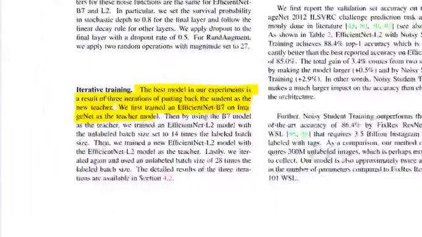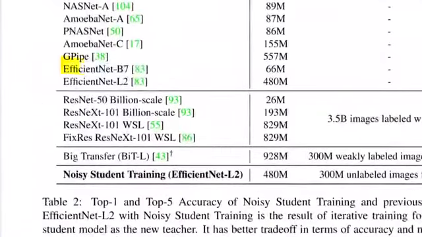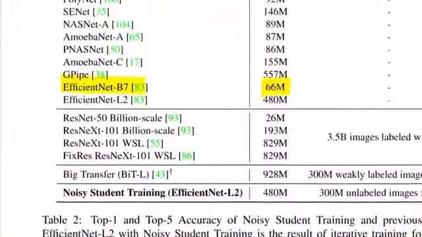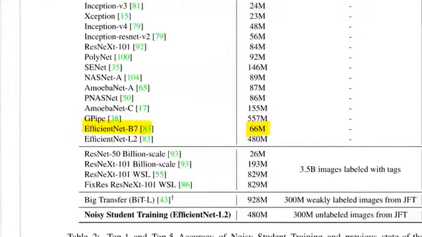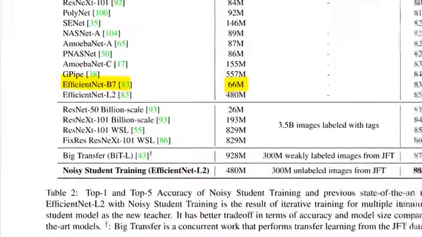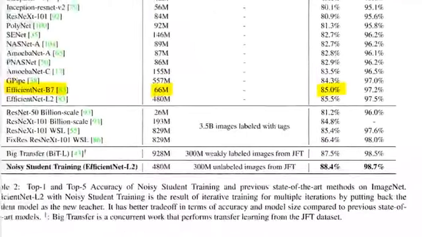So you can see in the table right here what the B7 achieves. The EfficientNet B7 here has 66 million parameters, which is fairly small compared to these other previous state-of-the-art methods on ImageNet, right? So they first train this, and that will achieve something like 85% accuracy.